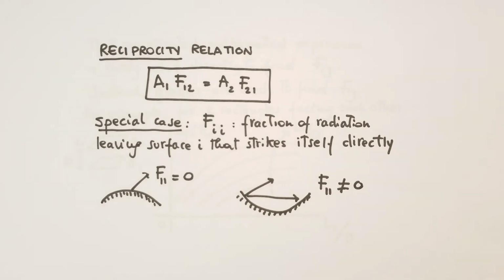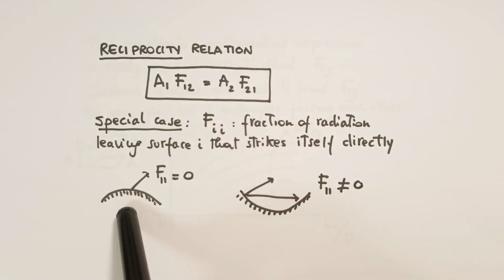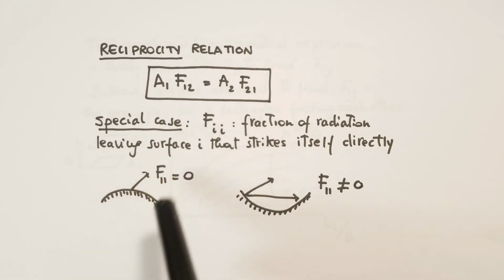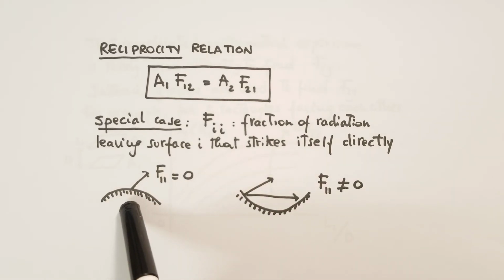We can also define a special case Fii, for example, F11. What is that? It's the fraction of radiation leaving surface i that strikes itself directly. For example, if you have a convex surface like this, then F11 is obviously 0 because no fraction of the heat transfer by radiation that leaves surface 1 arrives at surface 1 directly.